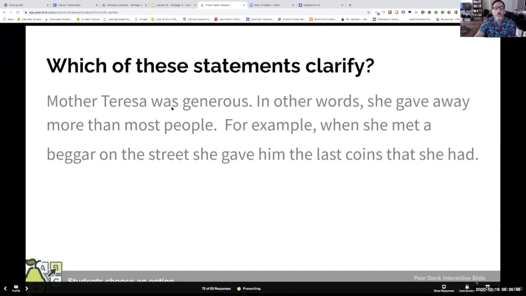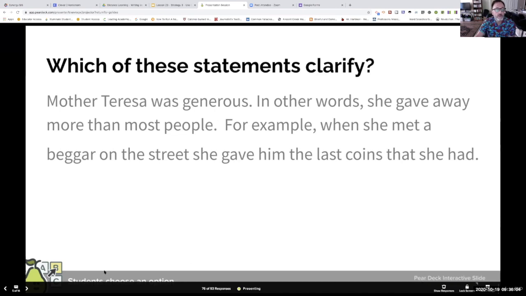So Mother Teresa was generous. So in other words, she gave away more than most people. Well, how was she generous? For example, when she met a beggar on the street, she gave him the last 4 coins. So this last sentence, now we're providing examples, and that's the difference.